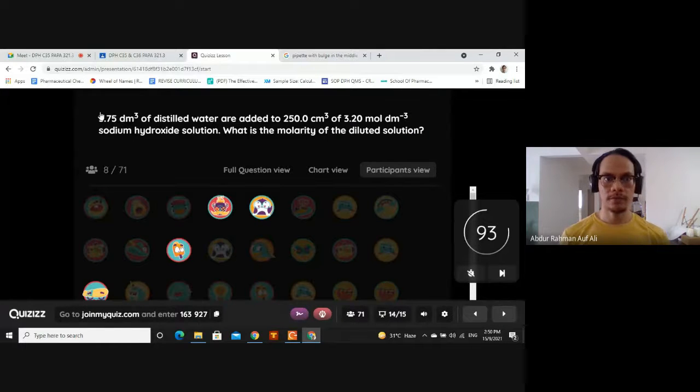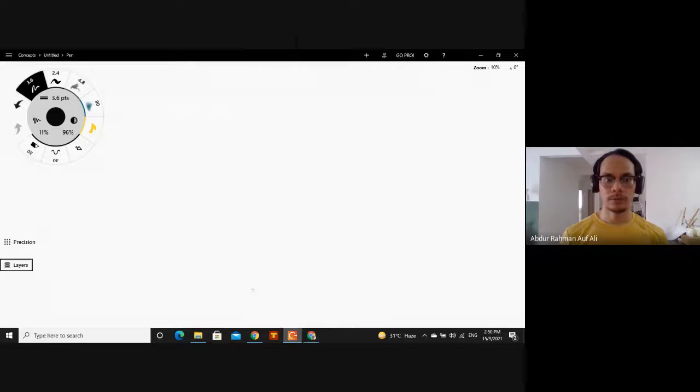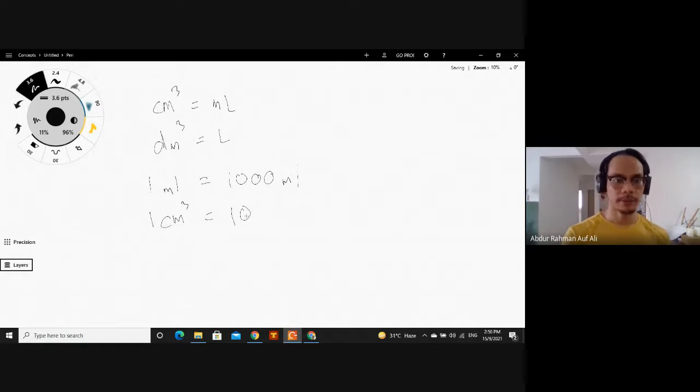This is volume. In case kamu tak tahu, sentimeter cubic bersamaan dengan mililiter. Decimeter cubic bersamaan dengan liter. Terbalik, my bad.